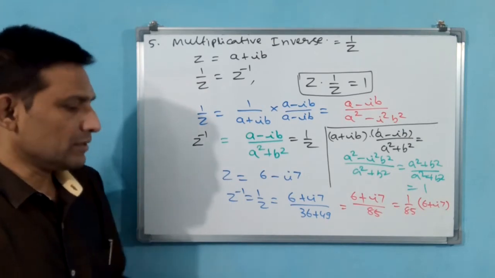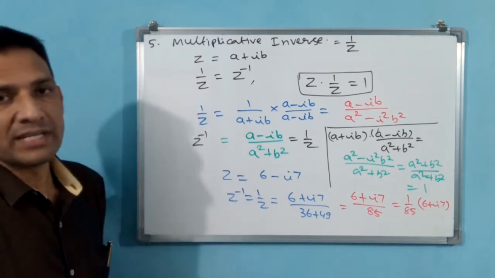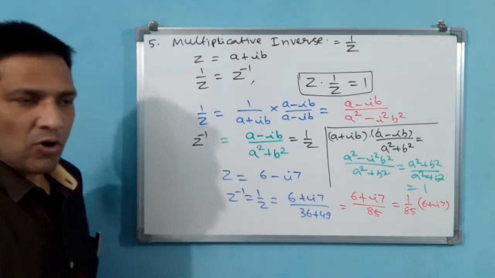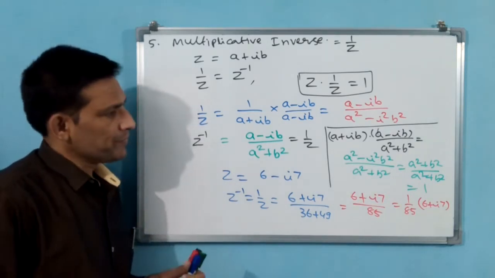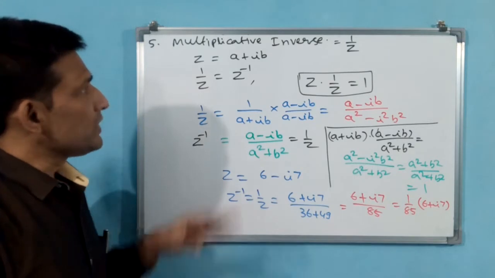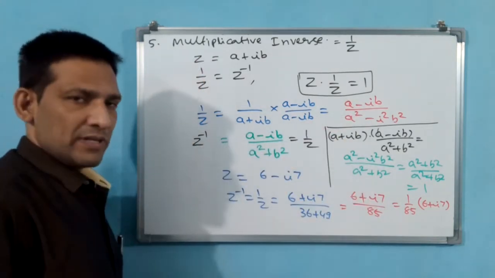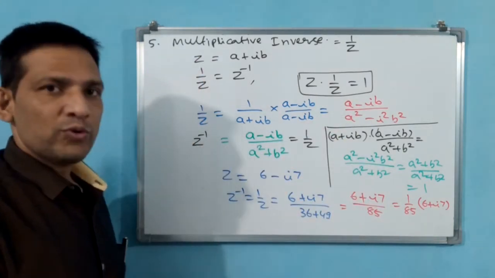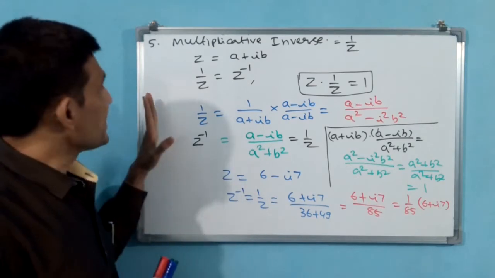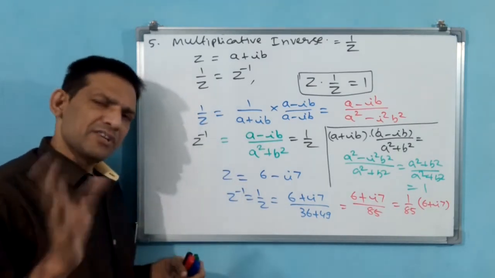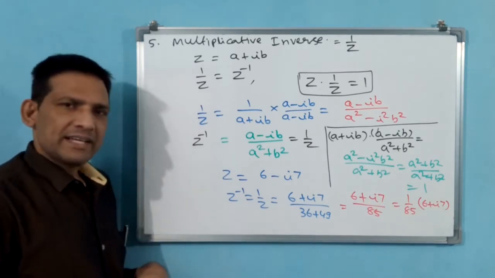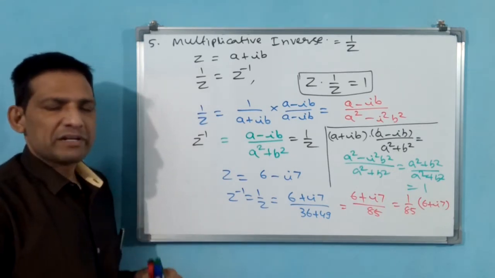Because in further properties you have to write 1 by z and bring some other formula. Okay. Now we understand multiplicative inverse also. See, until this multiplicative inverse: for addition also closure law is there, here also closure law is there, multiplication.